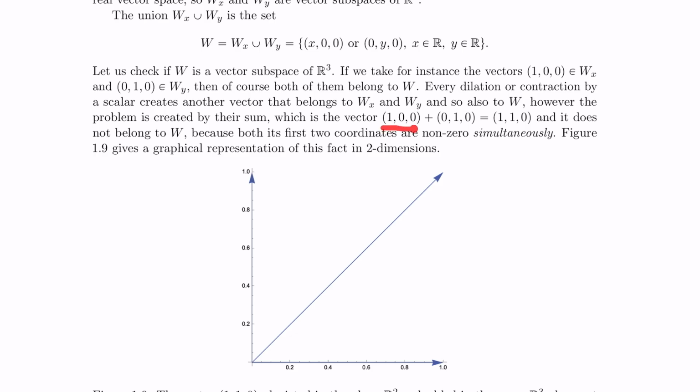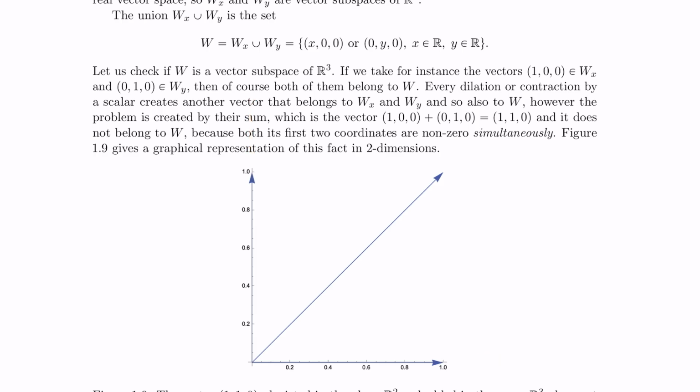The sum gives rise to the vector with components 1, 1, 0 that you can see depicted here. We can understand in a very easy geometric way why this vector cannot belong to W. In fact, as you can see, it has a diagonal direction, while the vectors belonging to W have either a horizontal or a vertical direction.